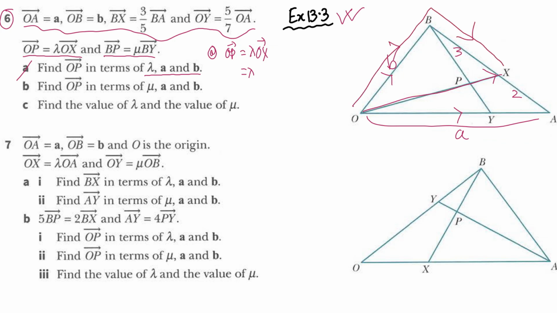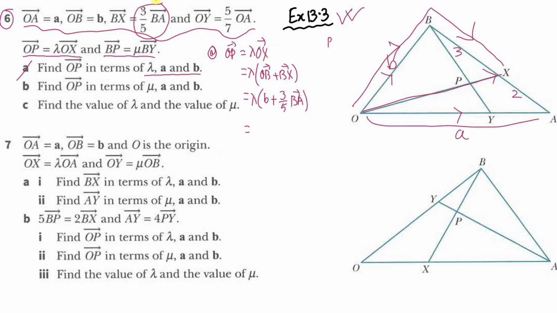Let me do that. Lambda, we can write here, OB plus BX. The OB part is B, provided, and BX, this information is written here, is 3/5 of BA, right? We write 3/5 of BA. We need to find the BA part also from here.